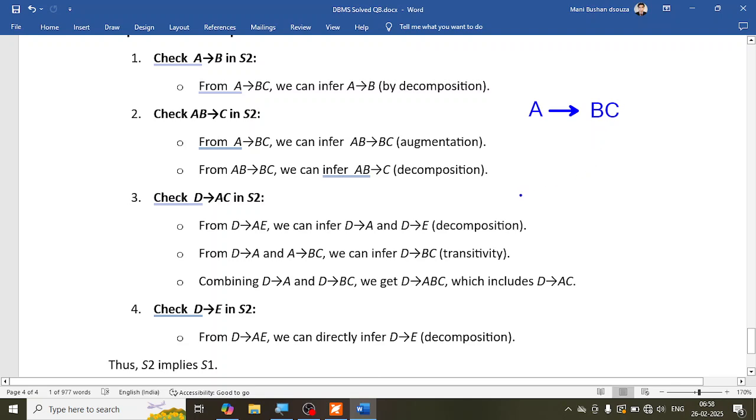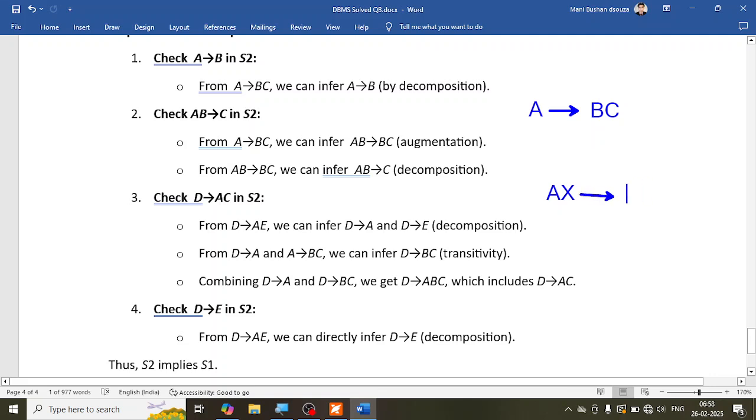Now, since A can derive BC, remember, one thing you will have to notice here is with A, you put any X, any attribute, it is going to derive BC.